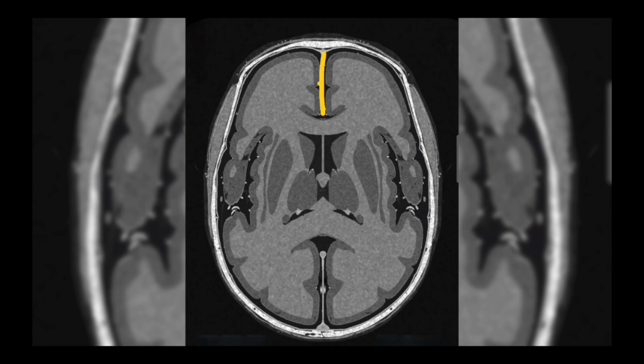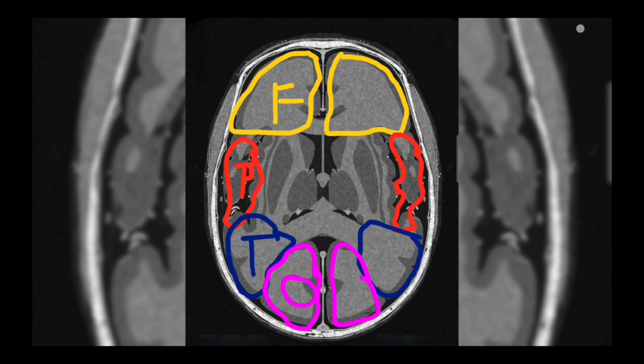Next, we identify the major brain lobes. Now let's identify the frontal lobe. Anteriorly, we have the frontal lobes. The frontal lobes occupy the front part of the cerebral hemispheres. So these are the parts of the frontal lobes. Moving posteriorly, we reach the parietal lobes.